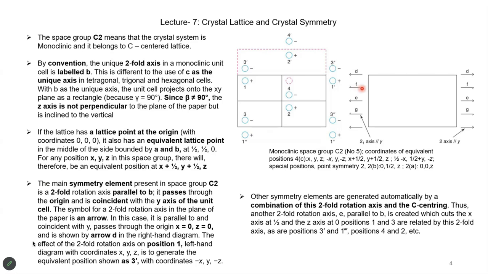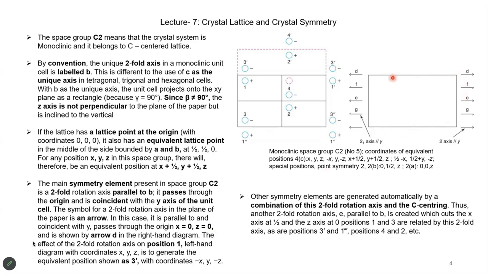We will have a twofold screw axis at the 1/4 position, and also at the 3/4 position, parallel to y. As I said, the other symmetry elements are generated automatically by the combination of the twofold rotation axis and a C-center. These other symmetry elements are twofold screw axes. That is how we explain this.